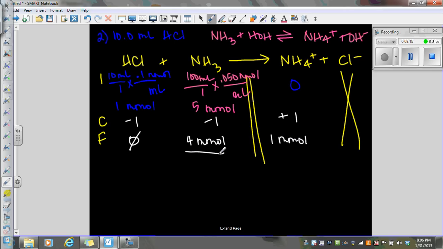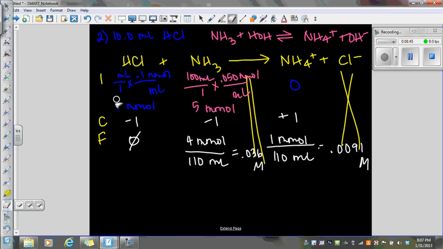So what we want to do with these is we've now got 110 milliliters, and we want to go from millimoles to molarity. So this is 0.036 molar, and 1 divided by 110 is 0.0091 molar. Okay, now this is before the equivalence point, so we don't have any acid left.